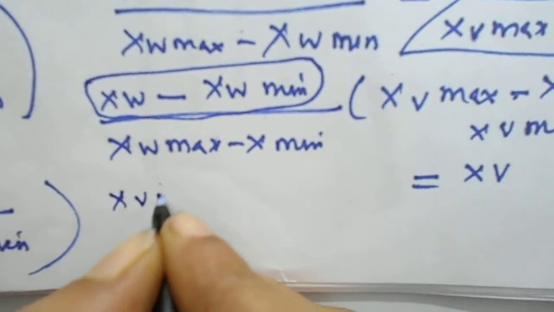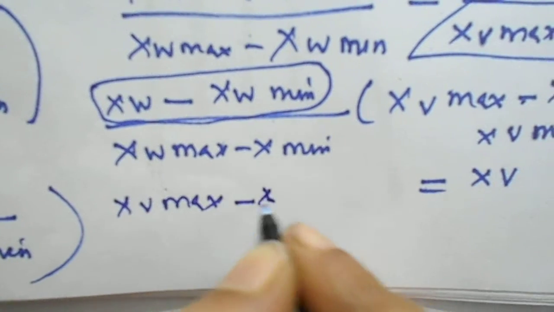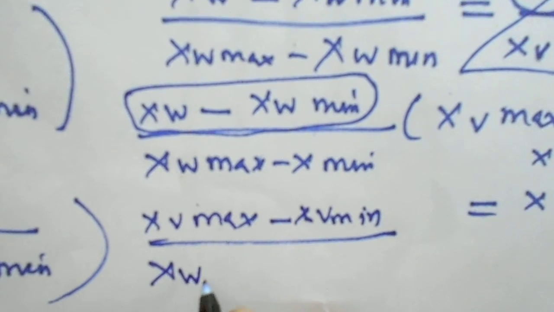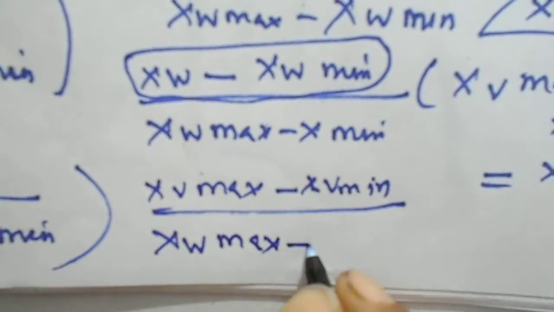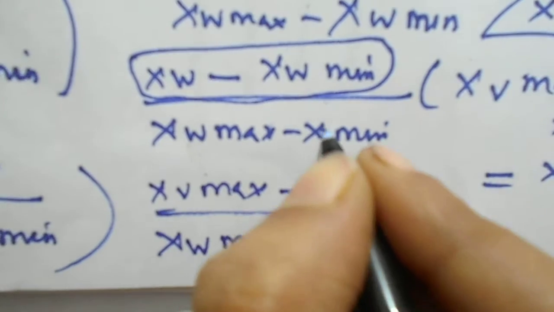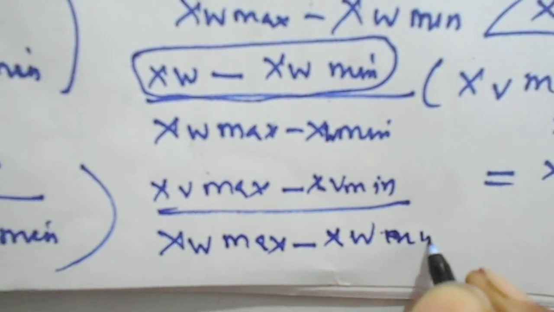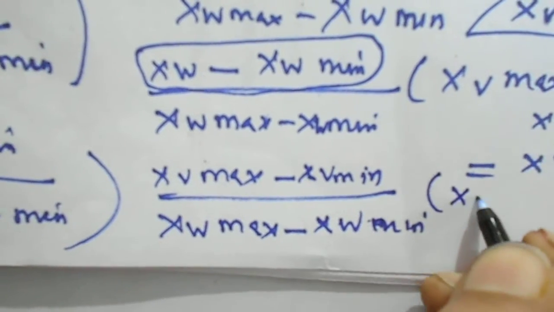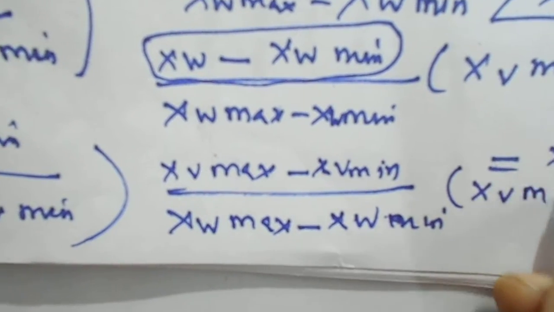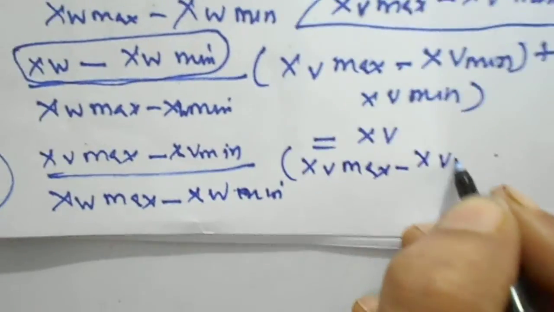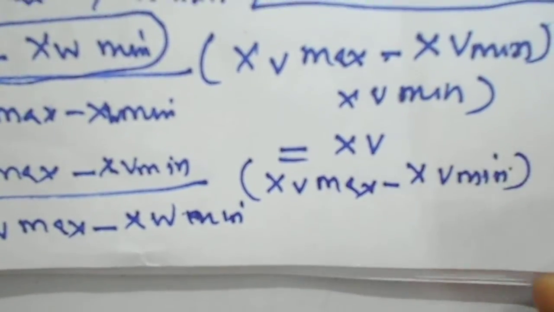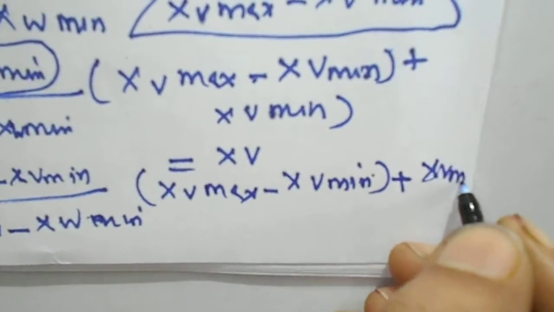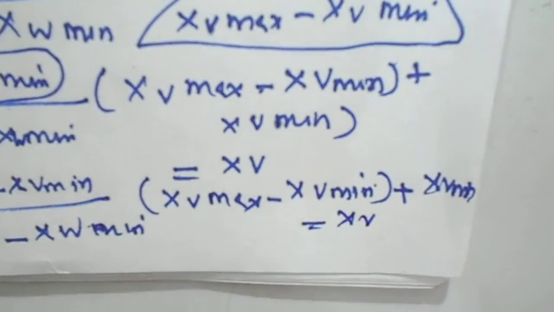So xv max minus xv min divided by xw max minus xw minimum, into xw minus xw minimum, plus xv minimum, which is equal to xv.